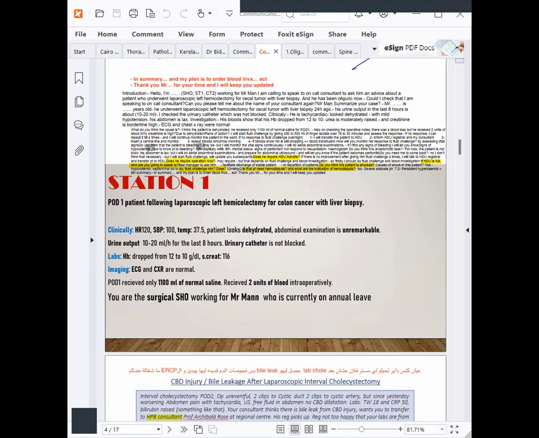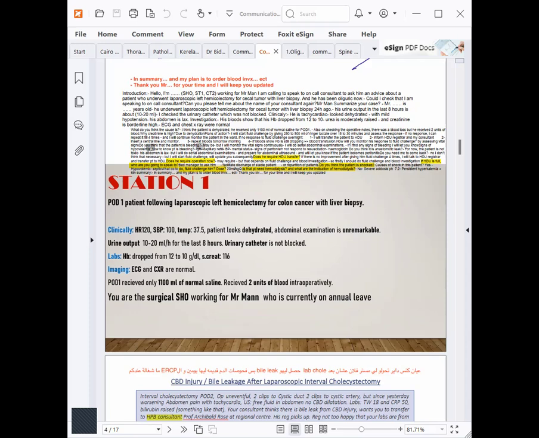Post operative day 1 patient following laparoscopic left hemicolectomy for colon cancer with liver biopsy, clinically tachycardia, mild hypertension, mild feverish. Patient looks dehydrated, abdominal examination unremarkable, urine output 10 ml per hour for last 8 hours, urine catheter is not blocked, hemoglobin dropped from 12 to 10, creatinine 116, ECG, chest X-ray are normal.